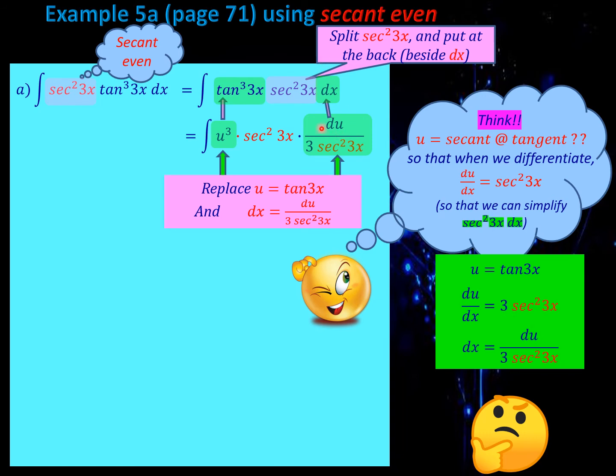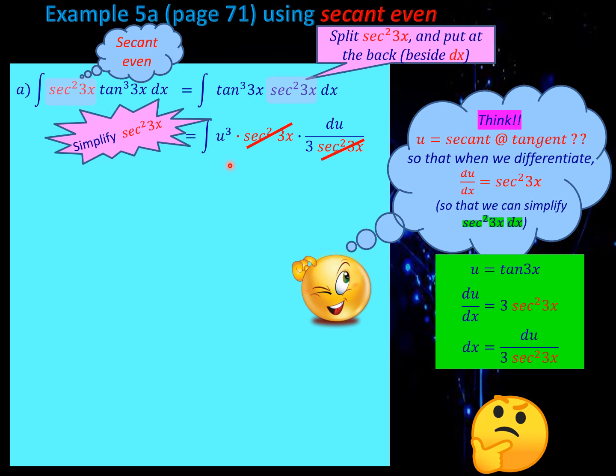And then we still have sec squared 3x here. And after that, we can simplify sec squared 3x and sec squared 3x. After we simplify, we have integration of u cube times du over 3.